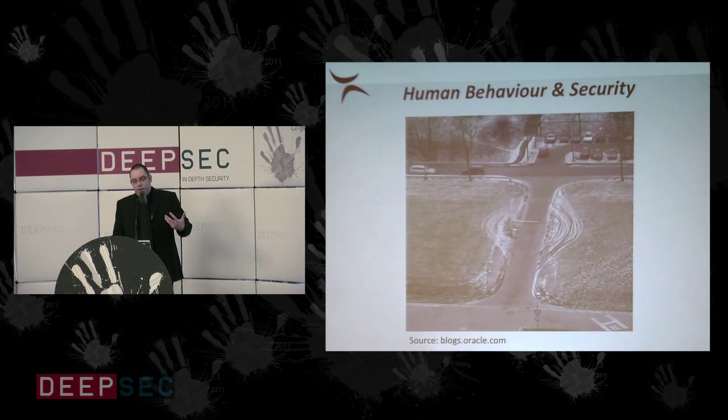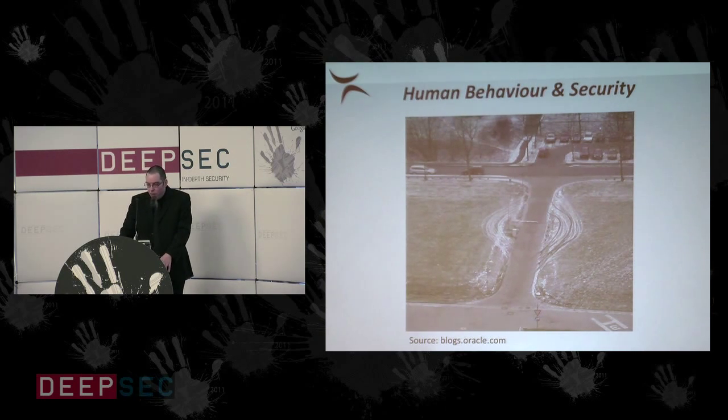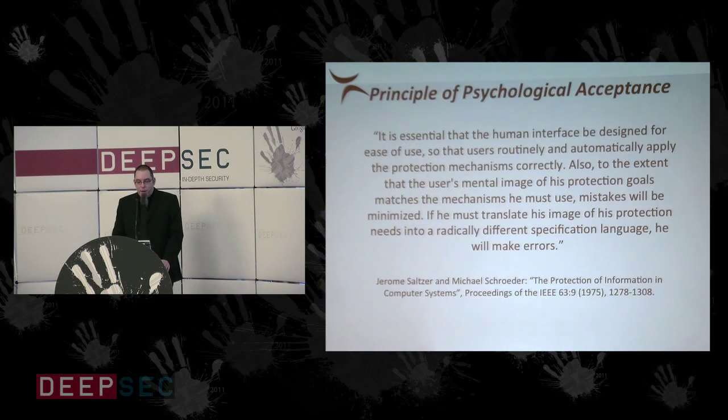What it's all about is to maintain what we call holistic security. Security which includes the end user and is not only limited to the technological part. For IT security systems, there is what we call the principle of psychological acceptance.